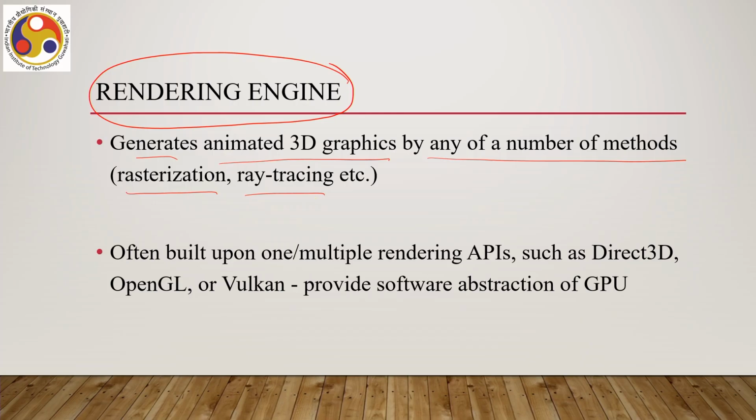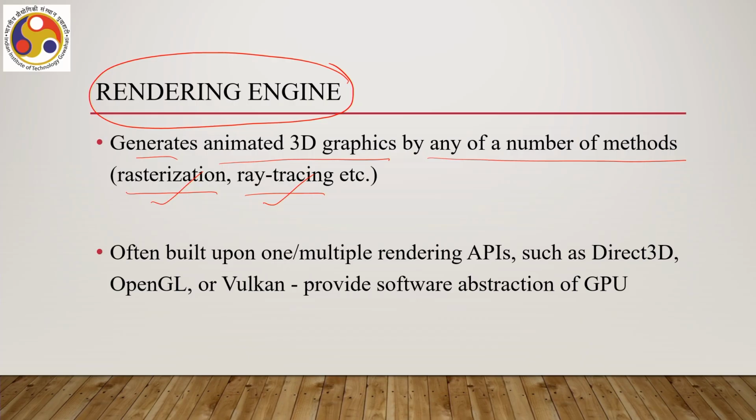Particular rendering engine may support a particular rendering method. Rasterization is less computation intensive as compared to ray tracing method. Depending on the sophistication level of the engine or the platform, different rendering methods may be adopted.